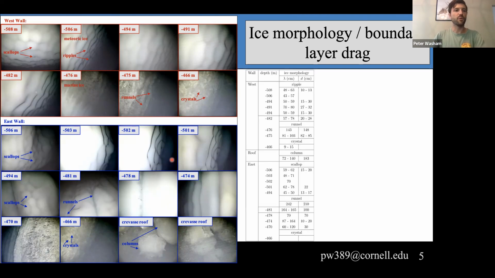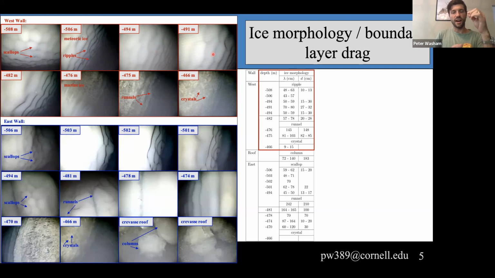So first and foremost, you can see the west wall is shown here. This is now moving up the wall from the keel to the roof, and then the east wall, again, we're moving upwards to the roof. Once you rise above the keel of the crevasse, you have these ripple-like features, which are really interesting.